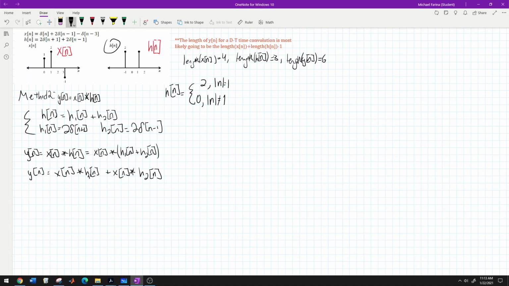Now we can replace h1 and h2 with their scaled and shifted impulse representations.